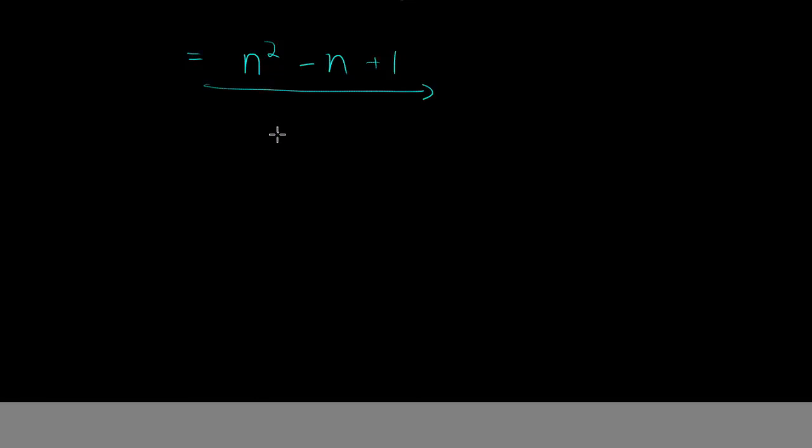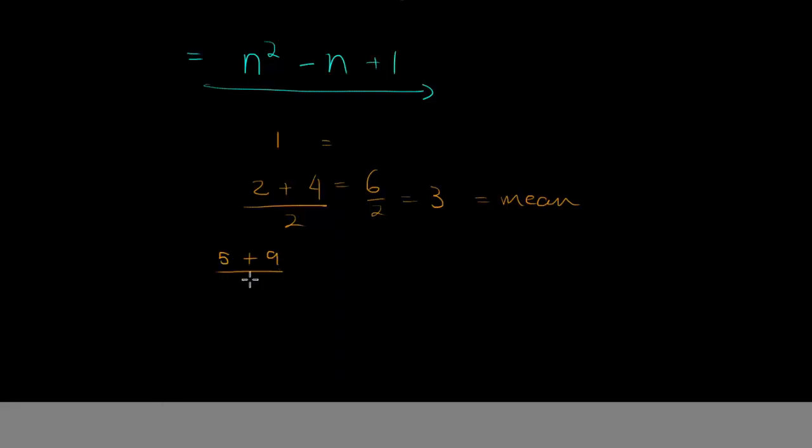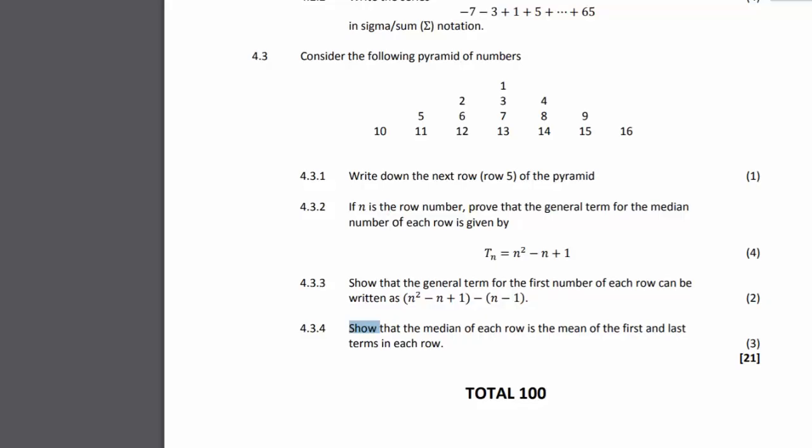So what should you have done? You should have shown that, well, 1 is the median and mean. 2 plus 4 is 6, divided by 2 is 3, which is equal to the mean. And then the next one is 5 plus 9 over 2, which is equal to 7, which is equal to the mean.